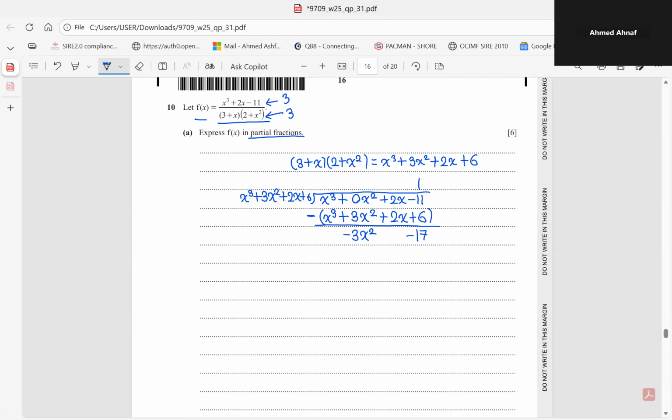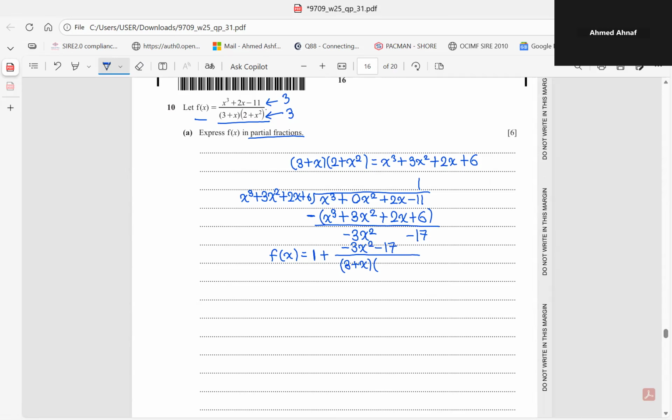So to re-express f(x), you put the quotient first, so 1, and then plus, put the remainder as the numerator, so minus 3x² minus 17, over the denominator as we previously had, not the expanded form.